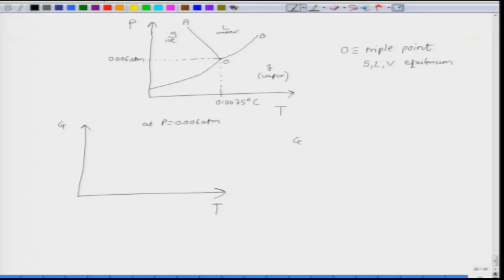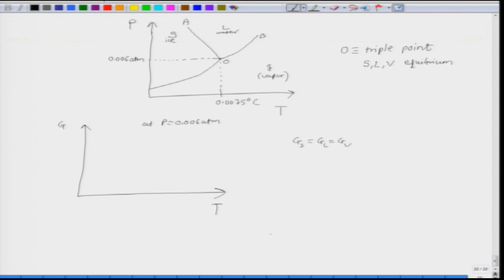So, basically at point O, the Gibbs free energy of solid is equal to Gibbs free energy of liquid is equal to Gibbs free energy of vapor. When I say Gibbs free energy, these are basically the molar Gibbs free energies, because Gibbs free energy is an extensive quantity. So, I am talking about molar Gibbs free energies. So, the molar Gibbs free energies of solid, liquid and vapor are equal at 0.006 atmosphere and 0.0075 degree centigrade.